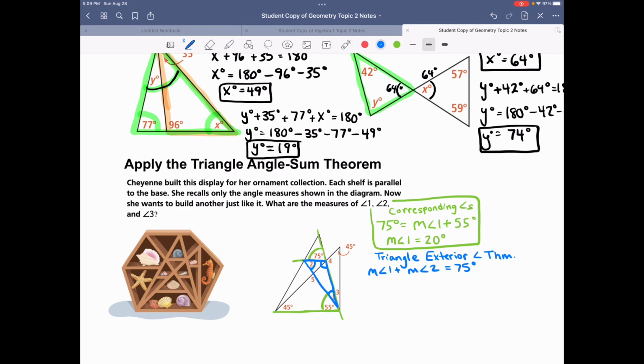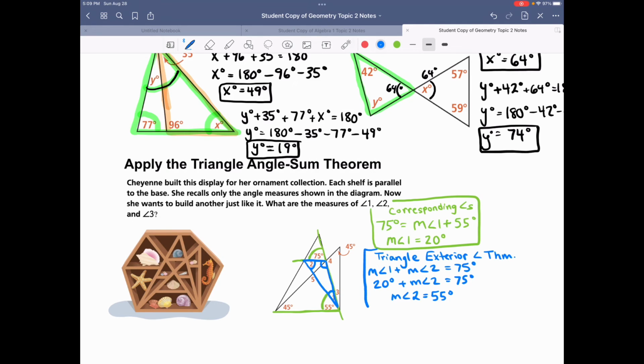And since we already know what angle 1 was, it was 20, we can solve for angle 2 by subtracting. And so what would the measure of angle 2 be? Yeah, 55.